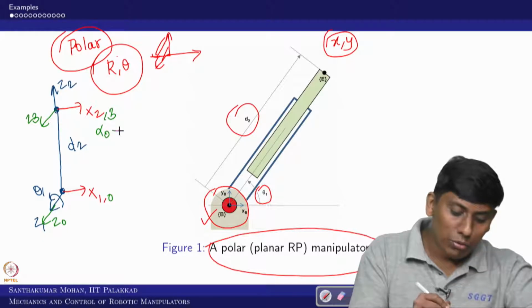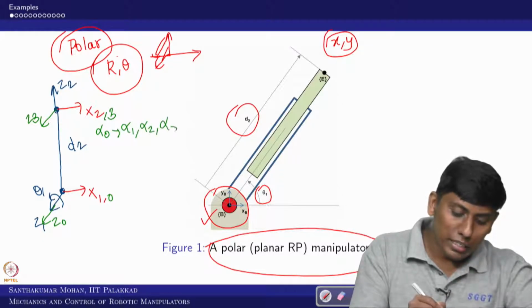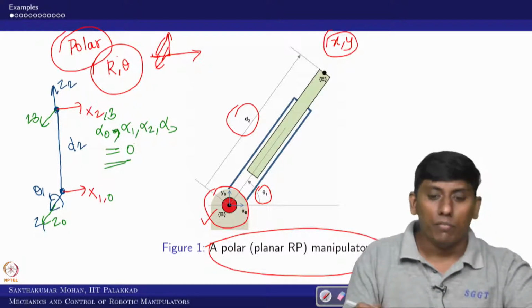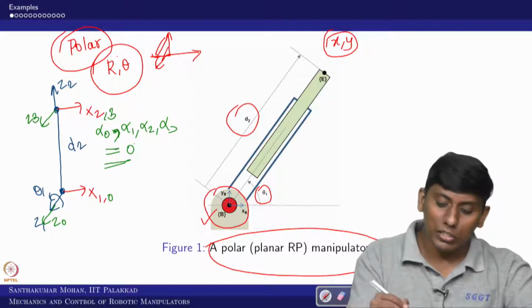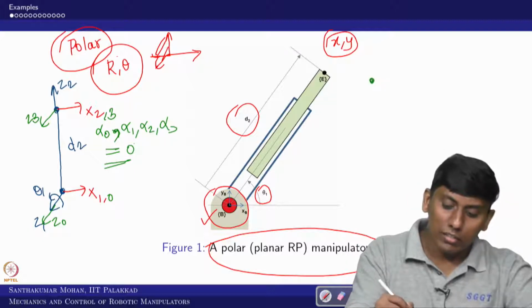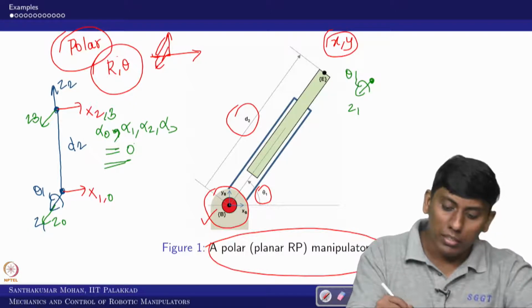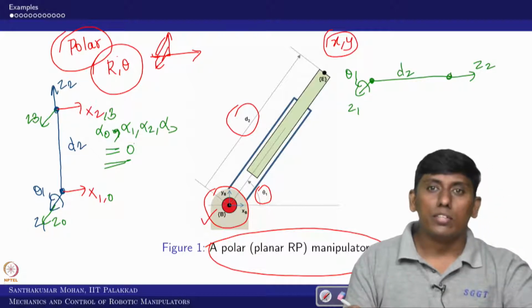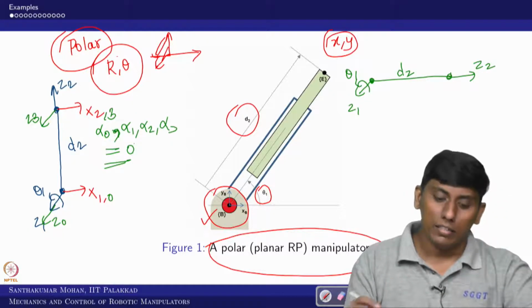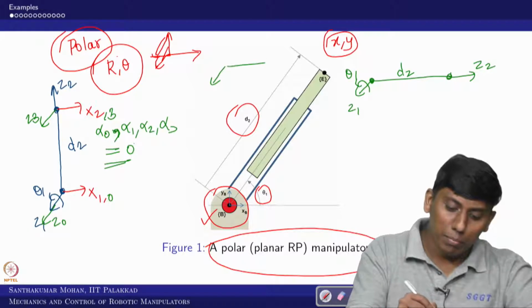So alpha 0, alpha 1, alpha 2 and alpha 3 are all zeros. Whereas the other, very conventional method says you start with z1, which gives theta 1, and z2, which is d2. In this case the plane containing z1 and z2 is this one.